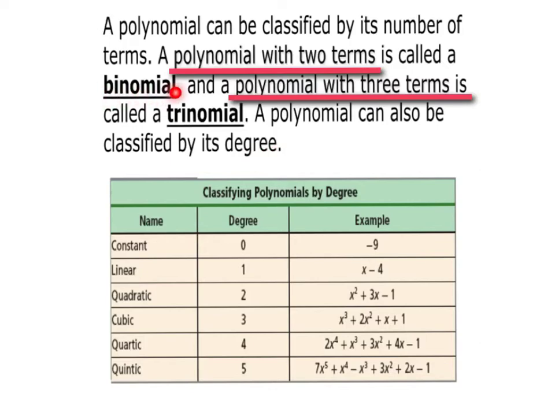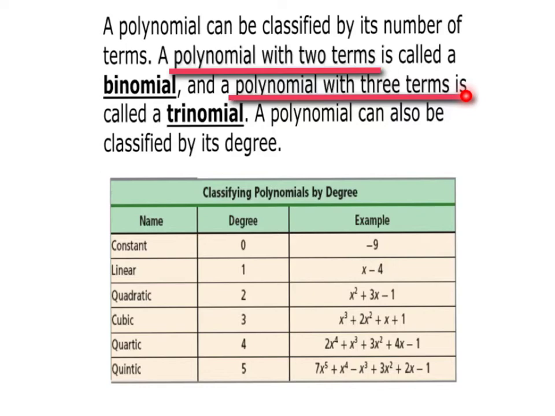One is called a binomial. Now remember, bi means 2, so that is a polynomial with 2 terms. And then you have a trinomial. Now tri means 3, so that is a polynomial with 3 terms. Now, usually anything above that, we just call a polynomial.